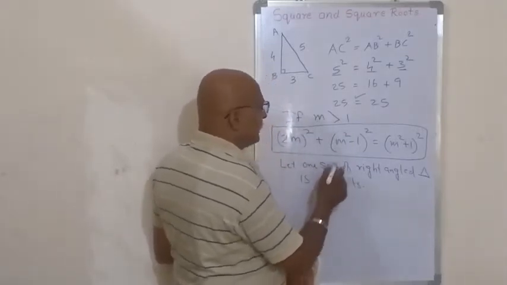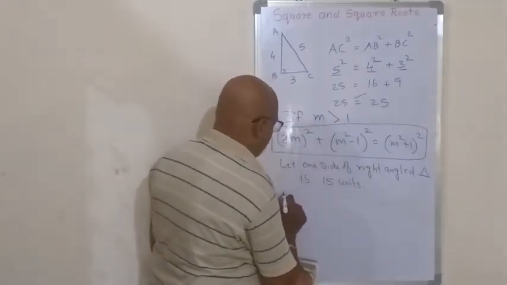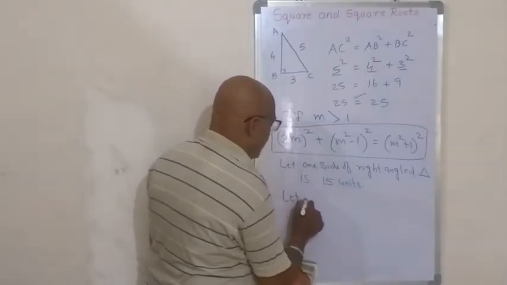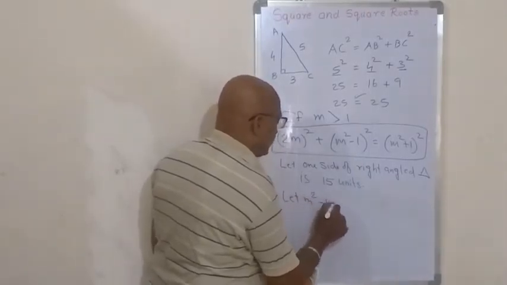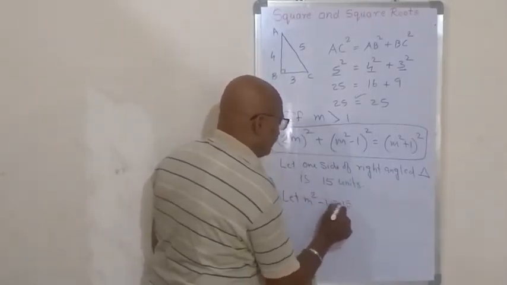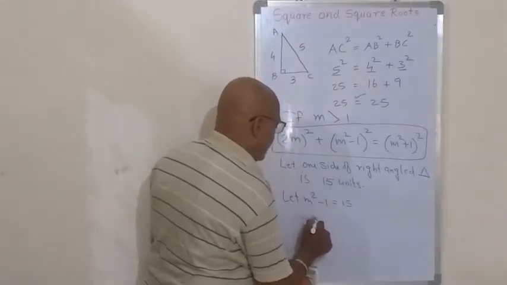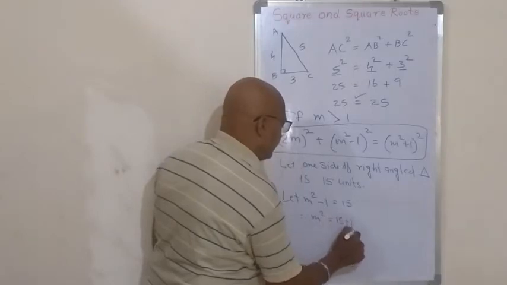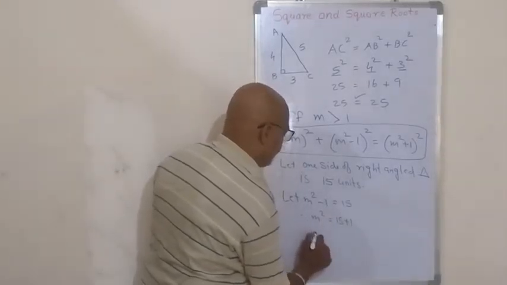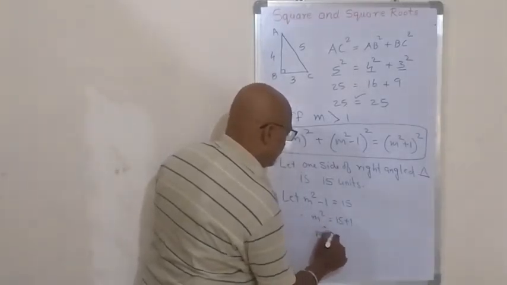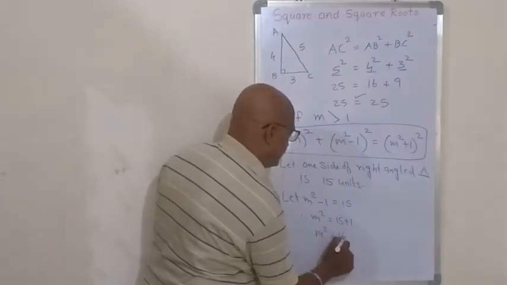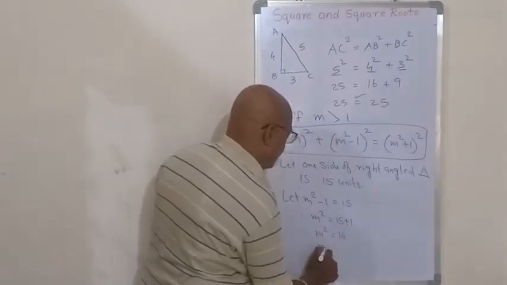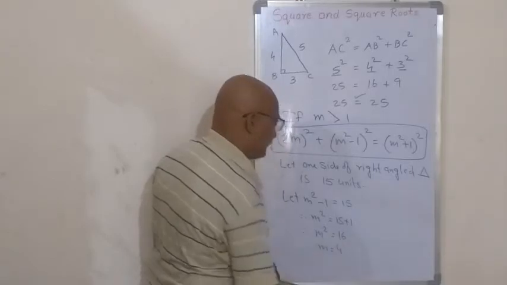Now I will consider that let m square minus 1 equal to 15. Therefore m square equal to 15 plus 1. Therefore m square equal to 16. Therefore m equal to 4.